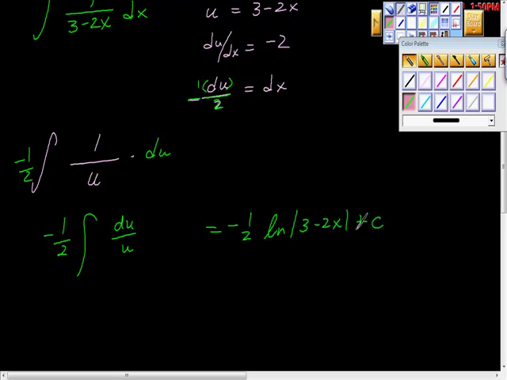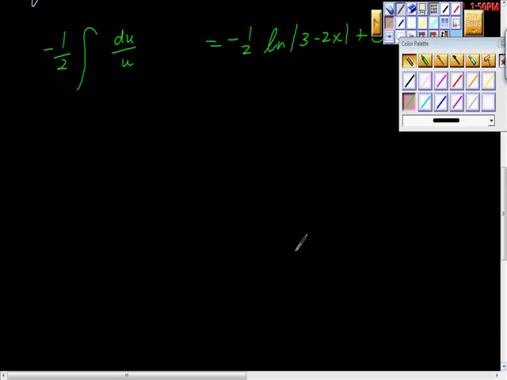So let's look at this one. The next one is, find this please. x over x squared plus 1 dx is equal to what?